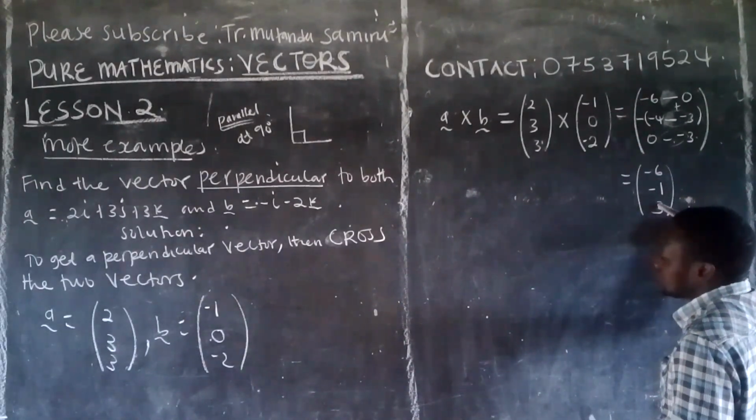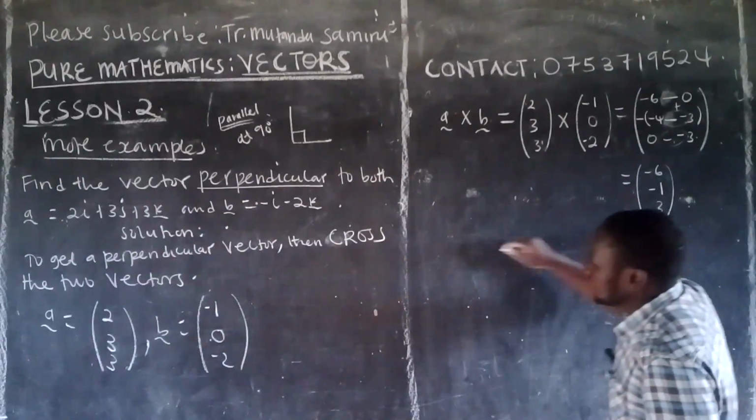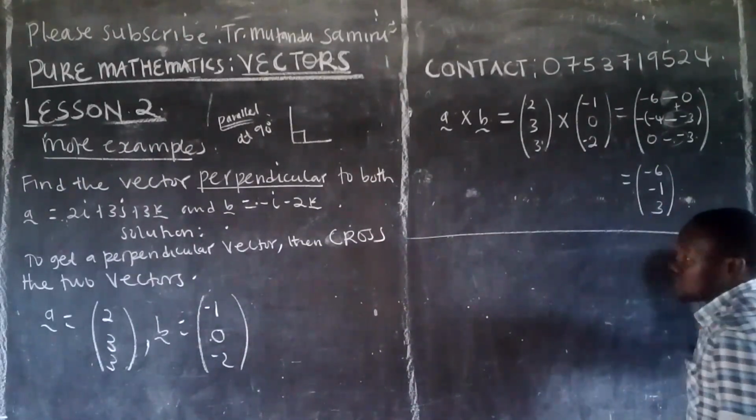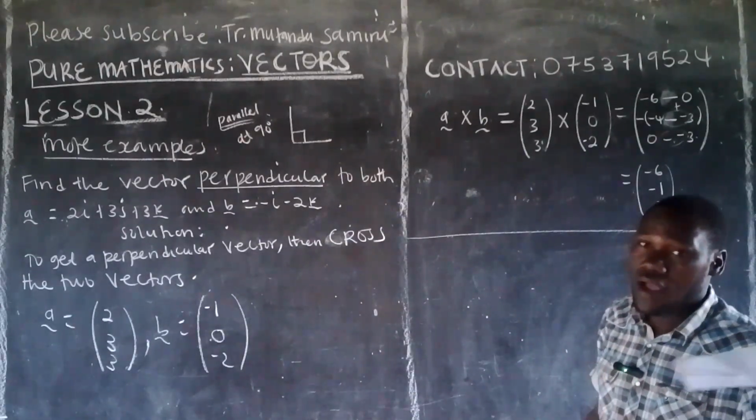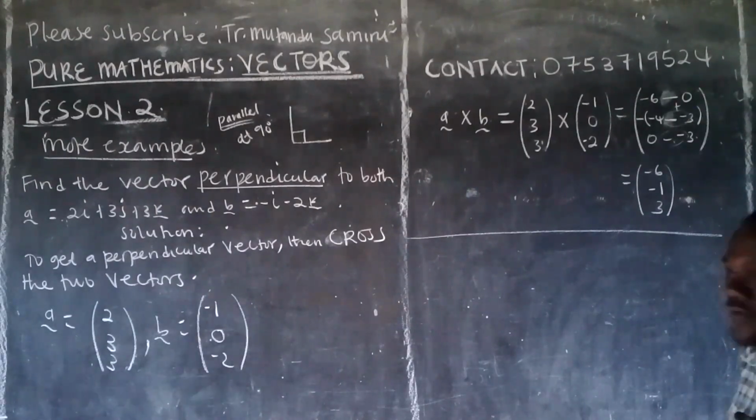Now this is the vector which is perpendicular to those, vector A and vector B, and we have gotten it by just crossing, and that's an application of the cross product. We use the cross product to change two vectors into a normal vector, or into perpendicular vectors. Perpendicular means they are at 90 degrees.